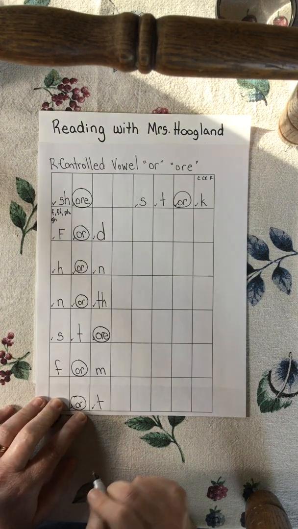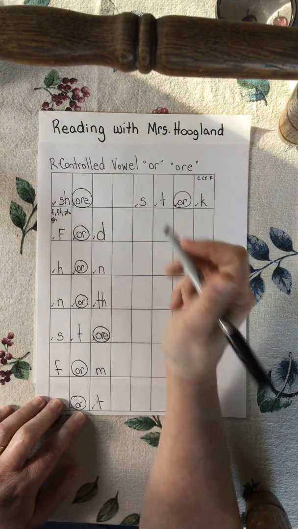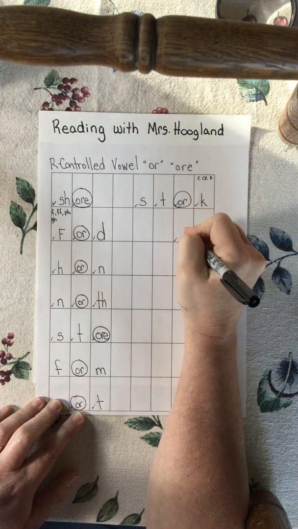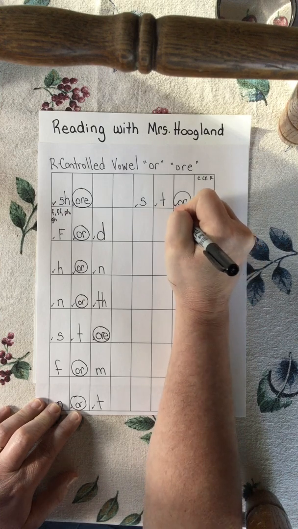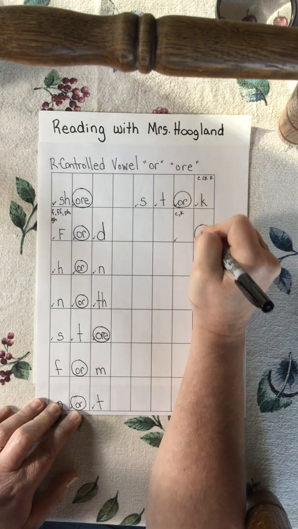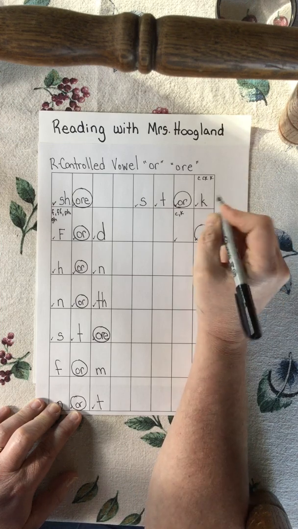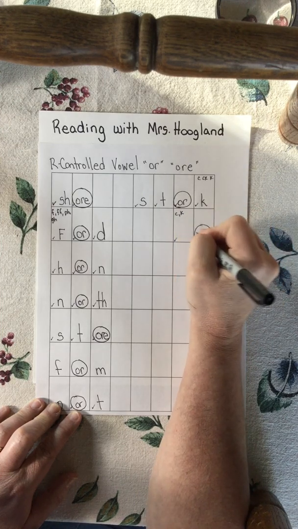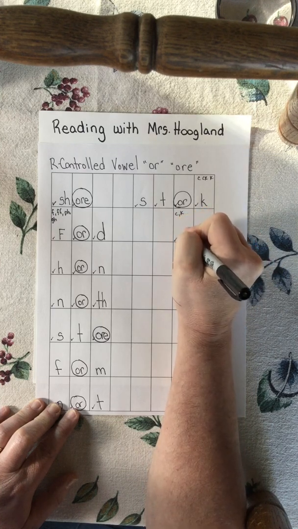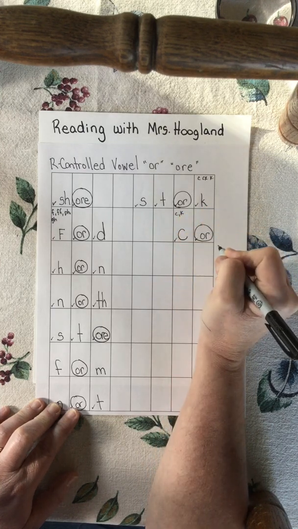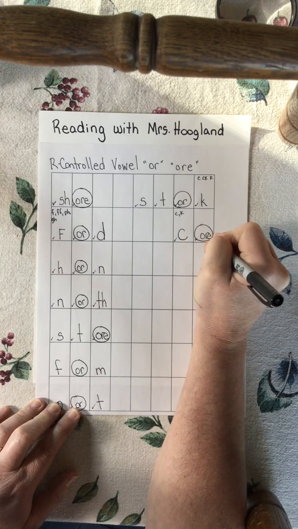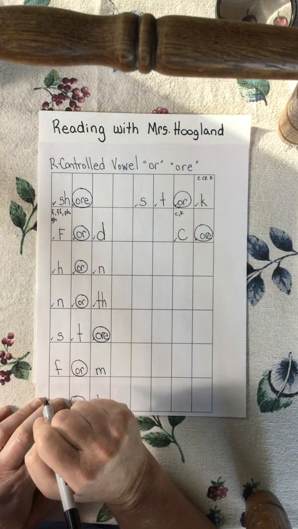The next word is going to be core, like the core of your apple. Now, I'm trying to decide whether it's a C or a K, and then I have or. We know this is or. If it's an O, a U, or an A after it, it's going to be a C. So this is core, but we need an E on the end of that, okay?